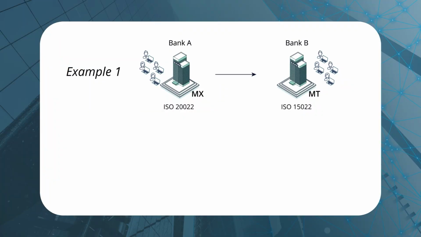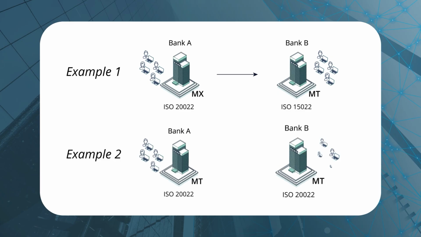Let's now focus on the testing and validation process for ISO 20022 workflows, more in depth through the illustration of two scenarios. In the first example, Bank A has migrated to ISO 20022 and requires validation of the transition and its new MT to MX conversion capabilities.